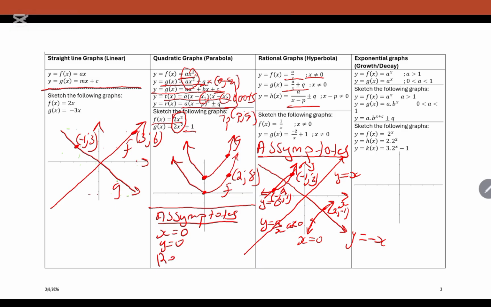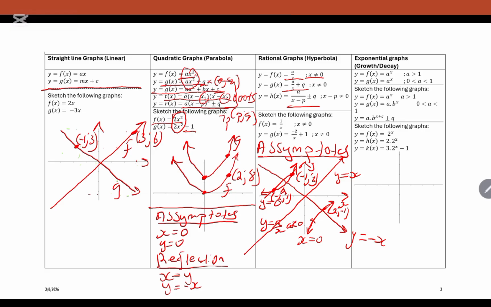It also has the reflection lines, or mirror lines, or symmetrical lines, where the equations are y is equal to x or y is equal to negative x. So these are the two symmetrical lines that the graphs of the hyperbola are reflected about.